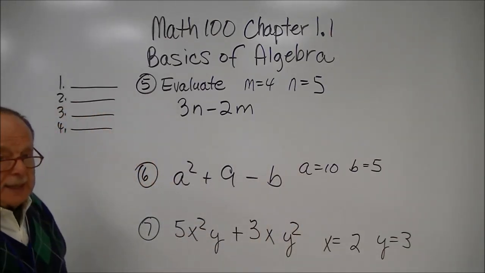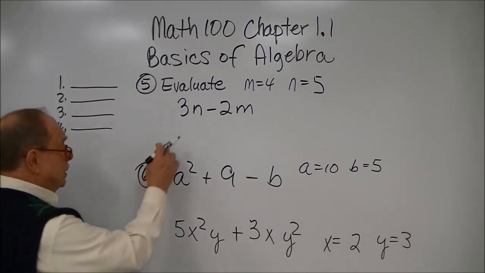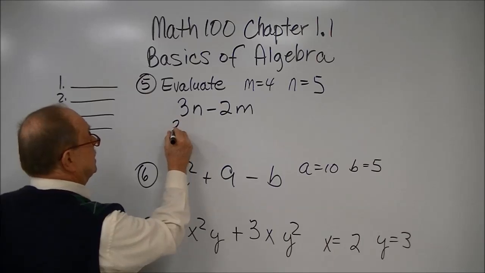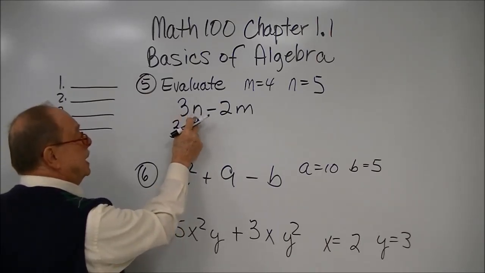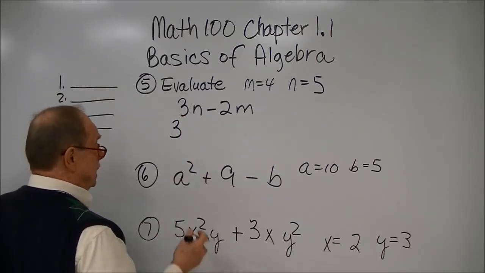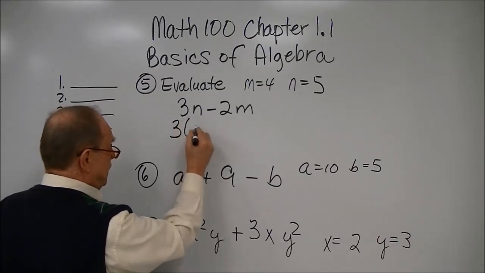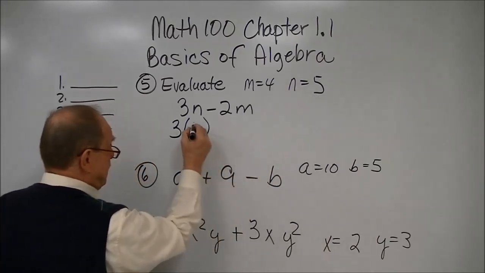There is a technique for this, and that's what I want to show you. So the 3 we know is there. Now when there's no sign between a number and a letter, it indicates that you're going to multiply. So to indicate that, we could put that in parentheses, that whatever the n is, in this case it's going to be 5.